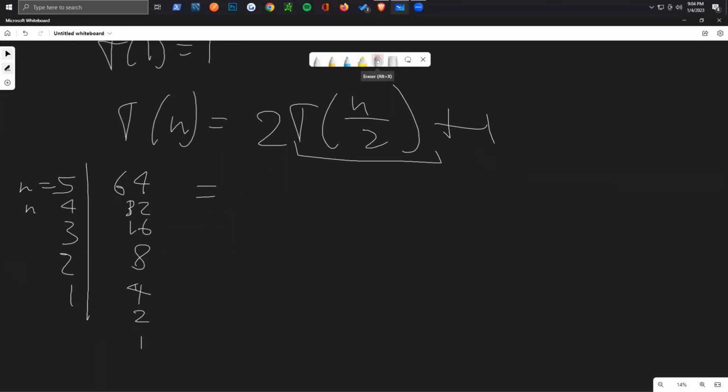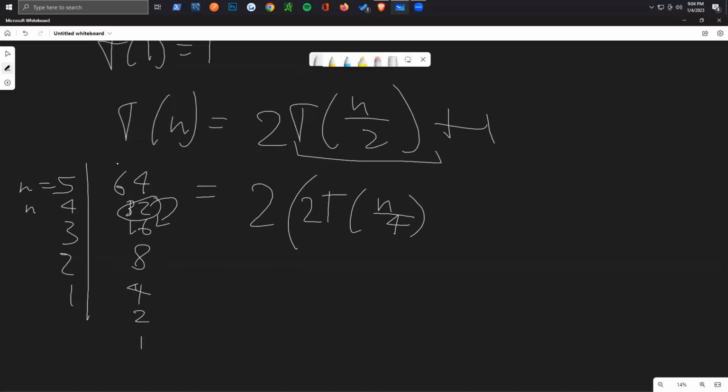So that's the thought process of why now we're going to do 2 times 2 T of n over 4. Initially you pass in 64, which is your n, but in the next call it's going to be 32, and in the call after this one it's going to be n divided by 4.